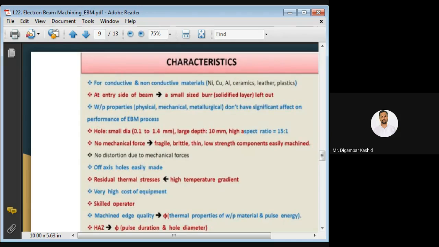Again, there is no mechanical force because this is electron beam machining. The tool does not touch the workpiece surface, so there is no mechanical force.